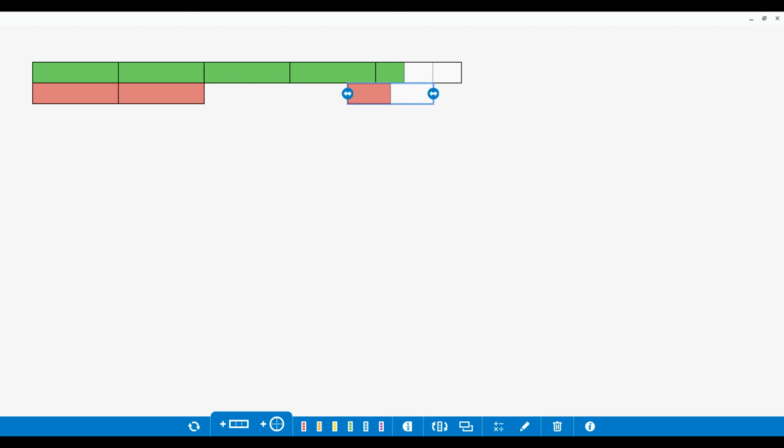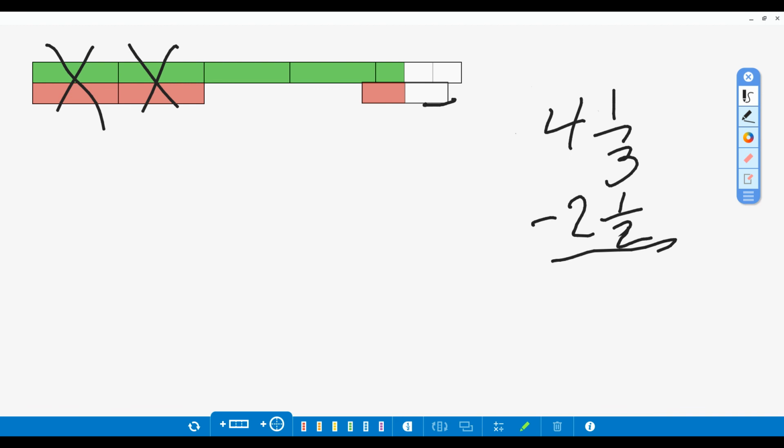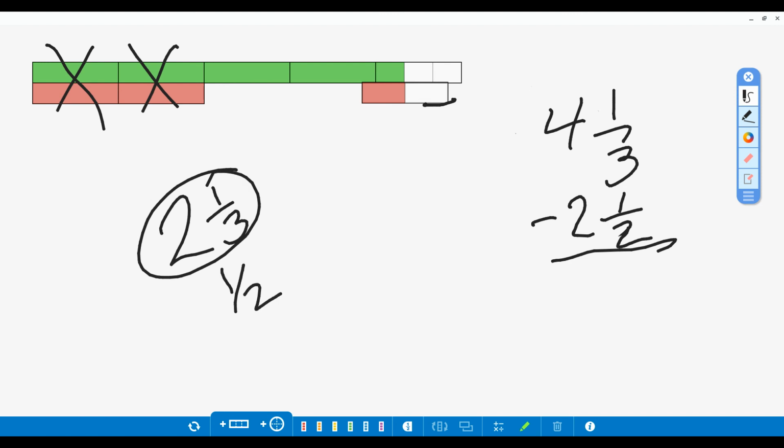I'm going to have to pull from this section to figure out exactly how much I need to pull. I'm going to figure that out by saying, well, I know I have 2 1/3 left over, and I need to change this to something that I can take a half from.